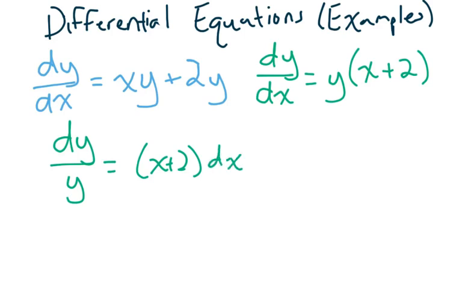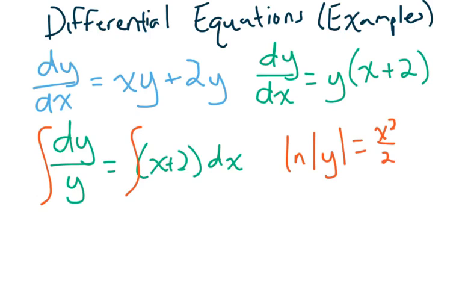And this one's actually a little less complicated than the last one. We've just separated, then we integrate, and remember the antiderivative of 1 over y is natural log of absolute value of y, and that's going to equal the antiderivative of x plus 2, which will be x squared over 2 plus 2x plus c.